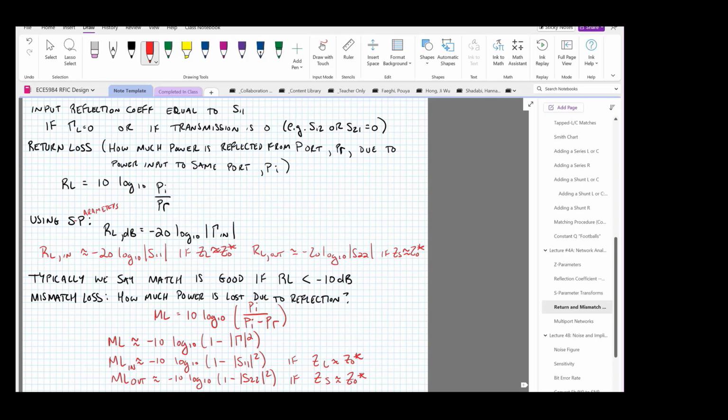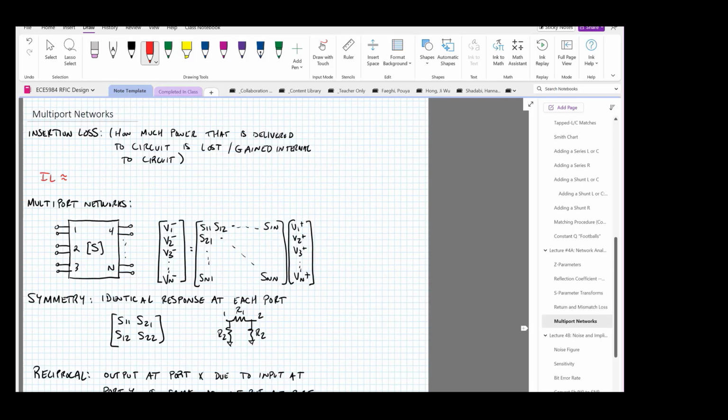Now, ultimately, what this is getting at is S21 we said related to transmission through the circuit, but it's not exactly equal to transmission through the circuit. And so we also have the concept of insertion loss, and insertion loss is telling us how much power that's delivered into the circuit is actually lost in the circuit or in the device under test, in that black box.